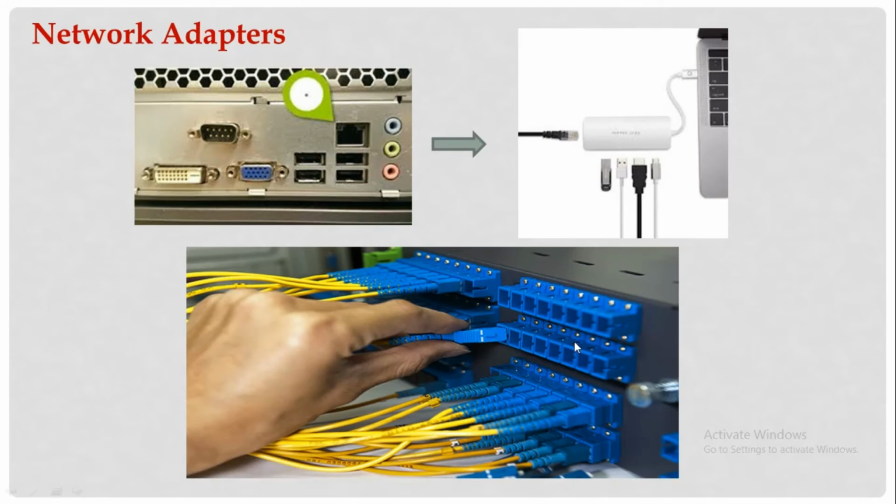Whenever we require a huge amount of data transmission in a network, we use optical cables. For example, in mobile communication, if you take two base stations, a huge amount of data has to be transmitted between them.